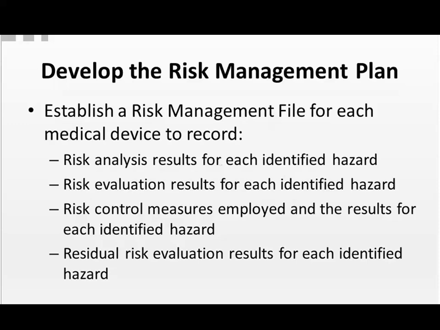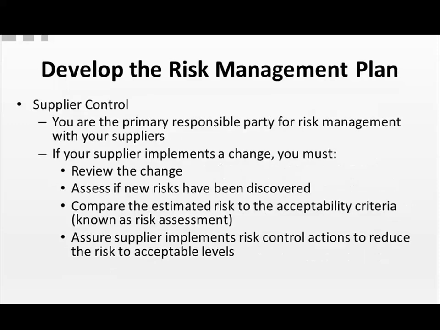Now, a word about supplier control. You are really the primary responsible party for risk management with your suppliers. Significant risk always exists as it relates to your suppliers and any changes they make to the components they supply.